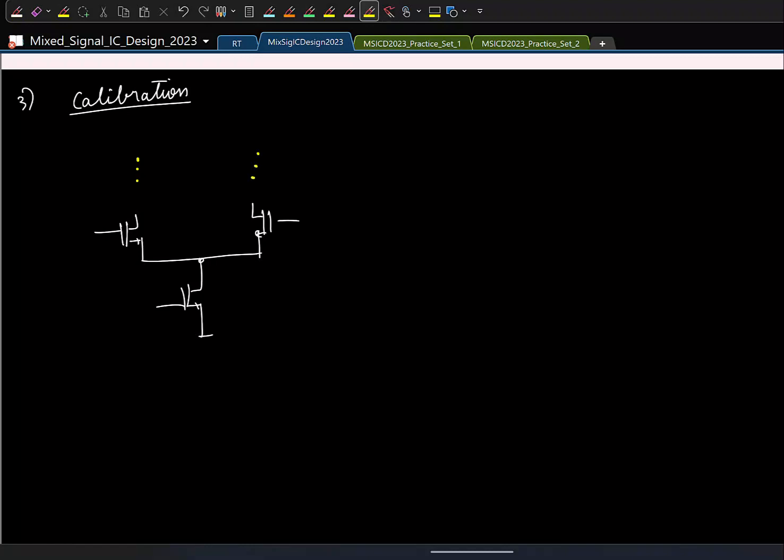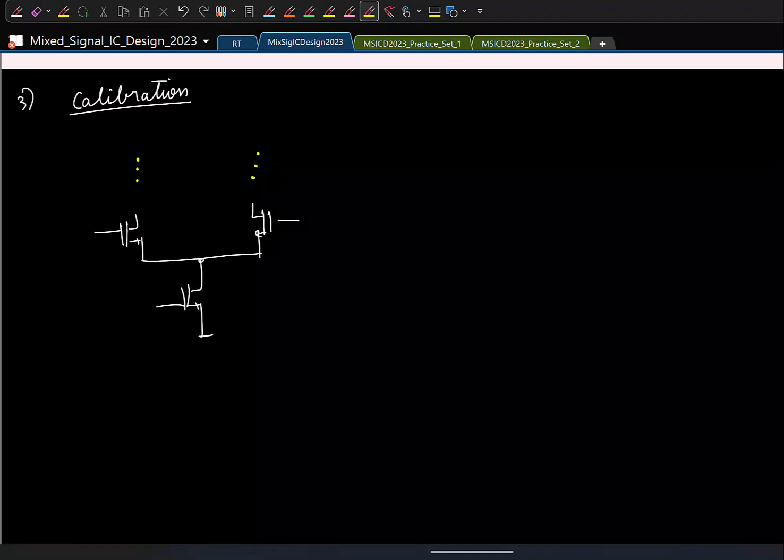Now we are having mismatches between these two guys. So which means even if I apply the same input to the two transistors, the currents in these two branches are not the same, right? Now if I can somehow make the currents in these two branches identical for the same input, we are okay, right?